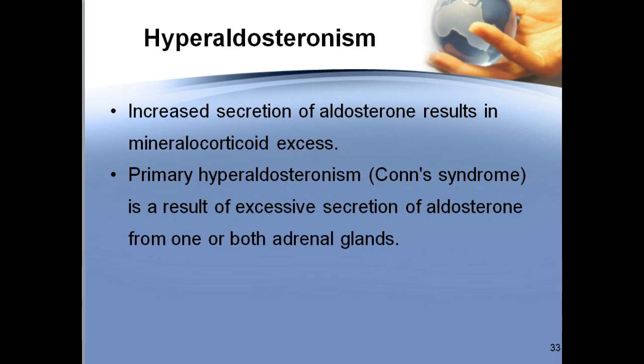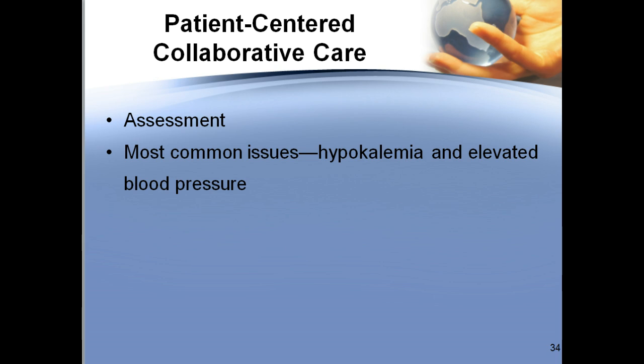So basically, when you're assessing the patient, what you want to assess for is elevated blood pressure, which is the most common problem in the patient with hyperaldosteronism. Sometimes they say they are fatigued, they have muscle weakness, and mainly excessive urination at night, which is nocturia, and loss of stamina.